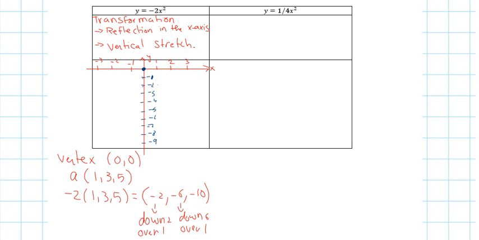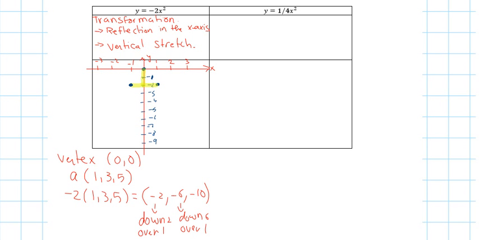Do you guys understand that? So I went down 1, 2 over 1. Can I go over 1 to the left? Okay. Then, down how much? 6. So from this point, I'm going to go down 6.